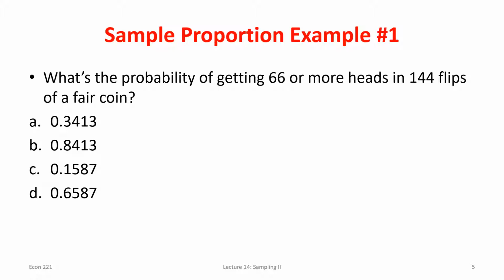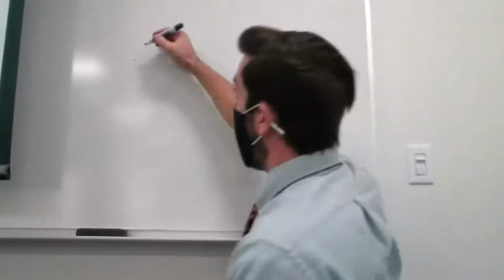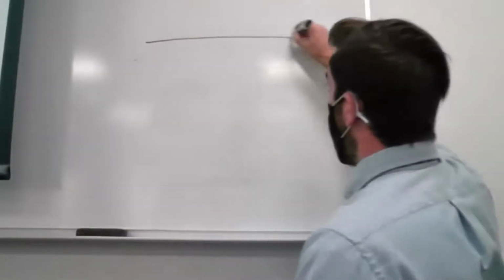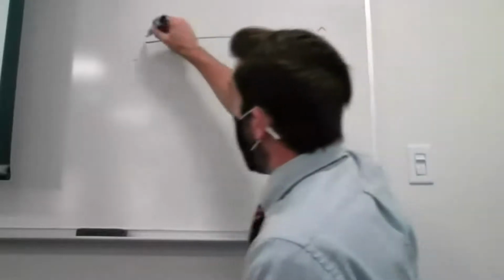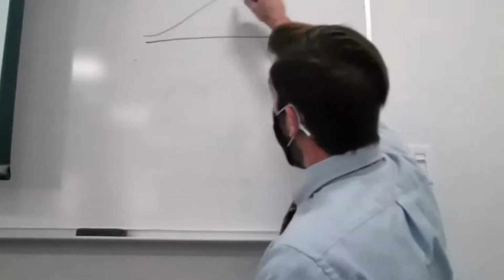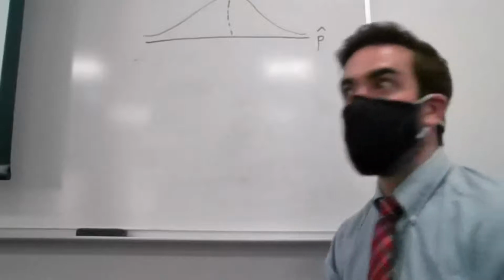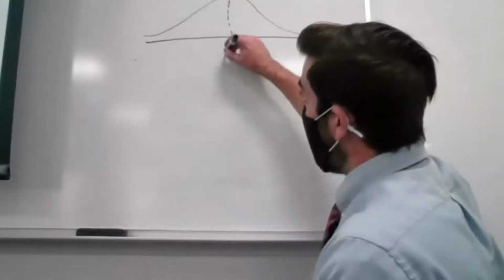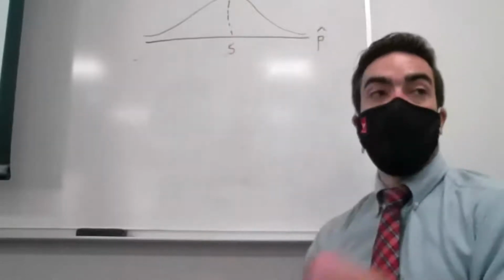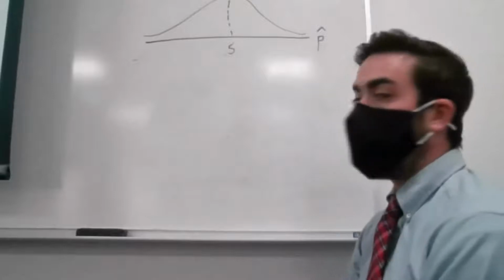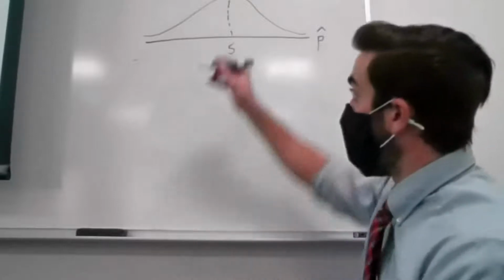Right away, if we just start drawing out what we're looking for, I think that's where you should start. I know that my sample proportions will be normally distributed because 144 is greater than 30. They're going to be centered around that value of 0.5 still, that was our population proportion for a fair coin.